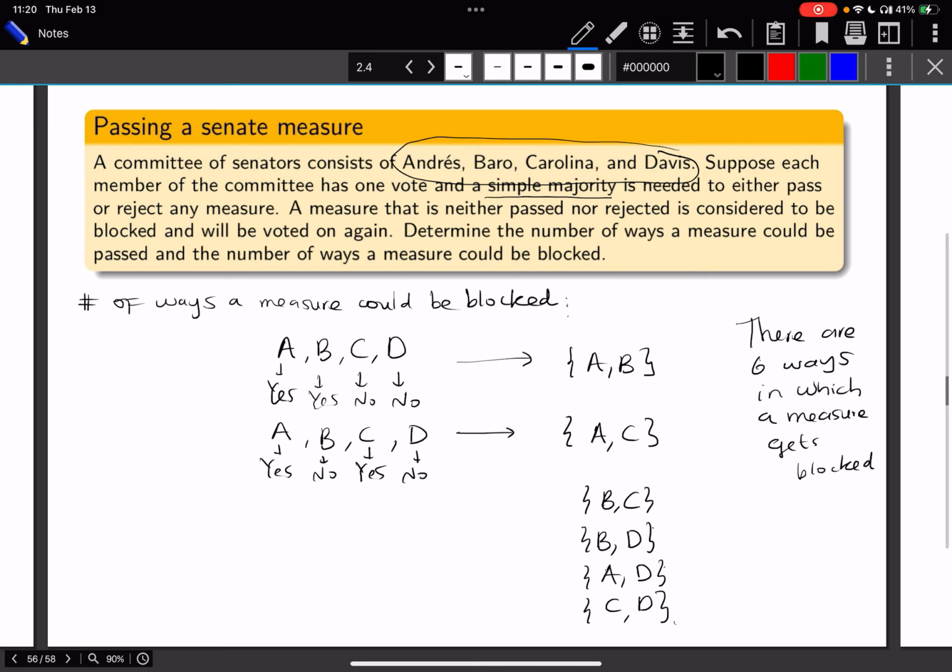Okay, so we conclude that there are 5 ways in which a measure could be passed and 6 ways in which a measure could be blocked. Now notice that if the number of people changes, then the answers change, and then it gets really cumbersome to list absolutely every subset and to count the number of ways in which a measure could be passed or could be blocked.